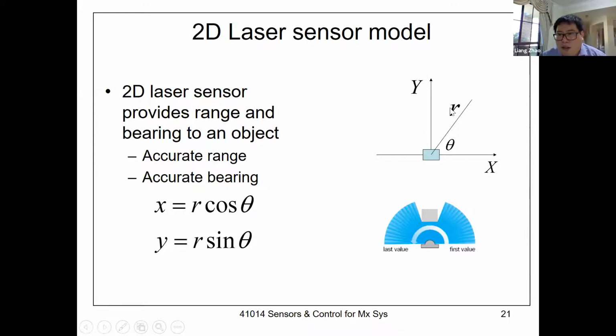Then you can use the range and bearing to recover the XY location of that point. If you have a range and bearing from the 2D laser reading, it's quite easy to recover the XY from it. I think you've done some practice on that already.